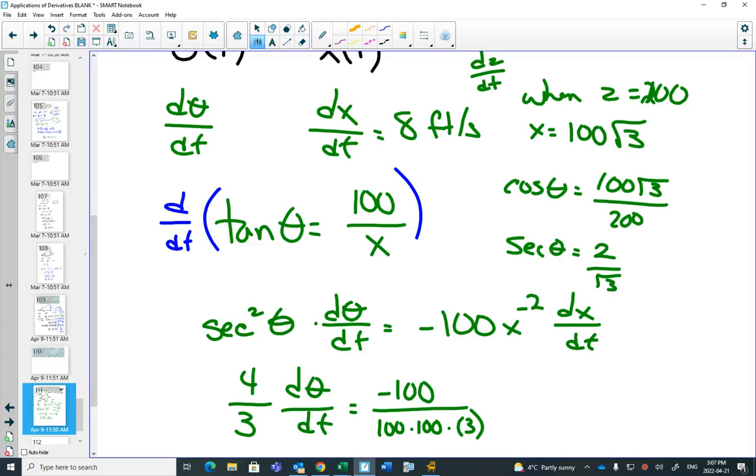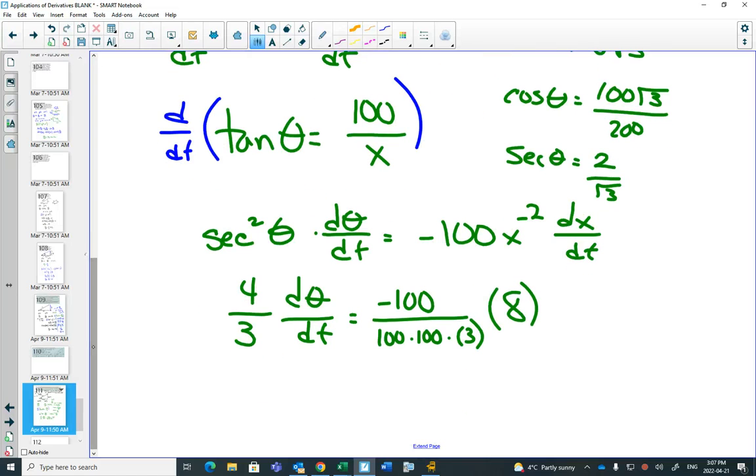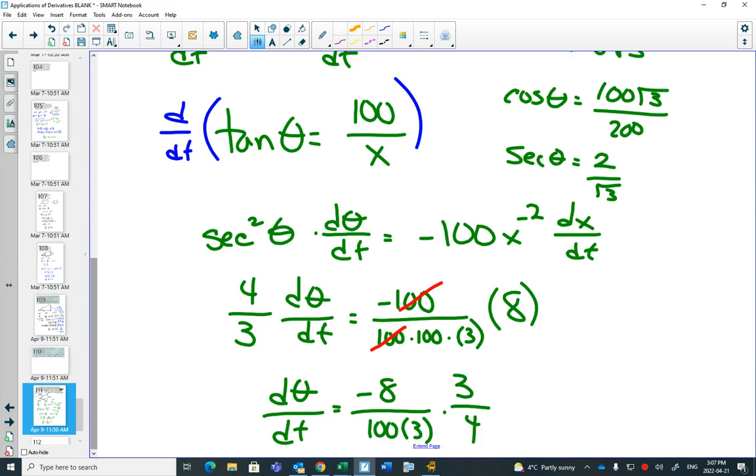Some beautiful. And we know that dx dt is 8. So yes, this 100 will nicely cancel out with that 100. Multiply both sides by 3/4. Oh, that cancels out.